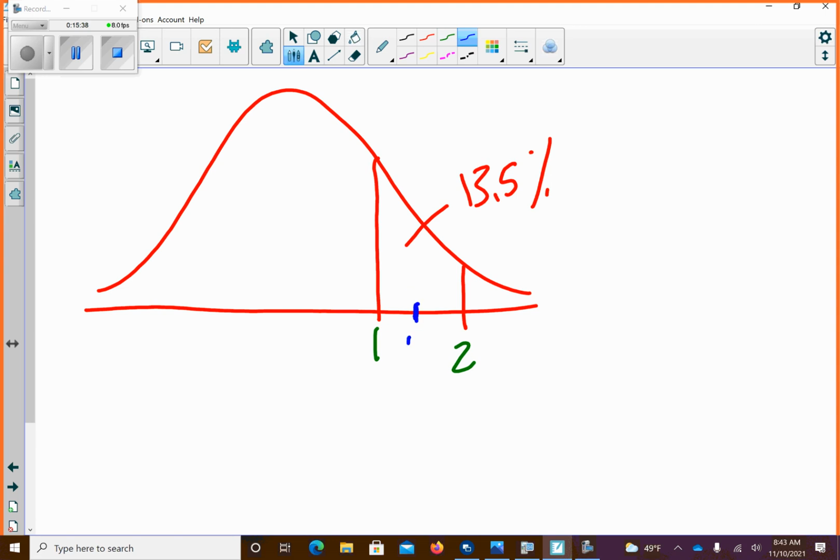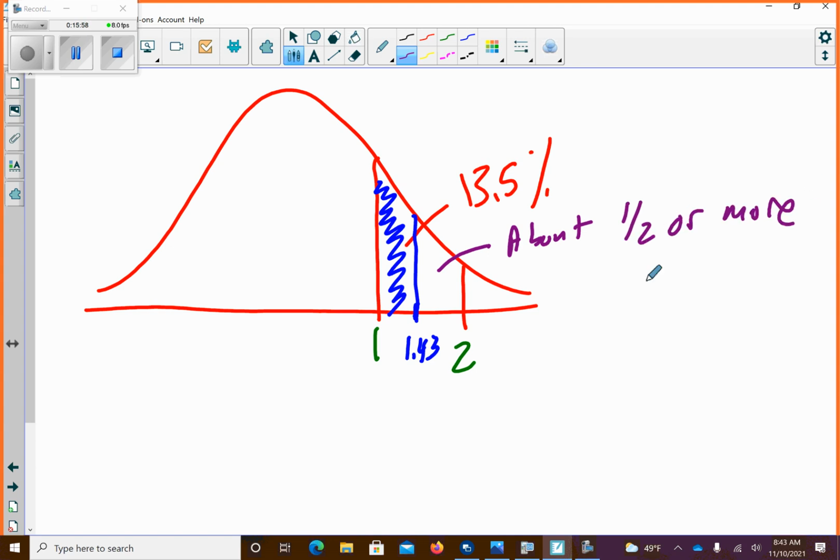You're talking about right here. Okay? Does this blue area here seem like it could be about half or more of the area?